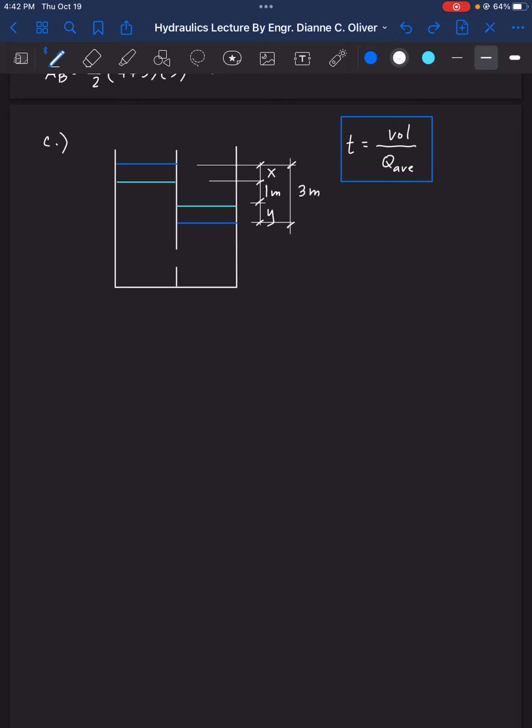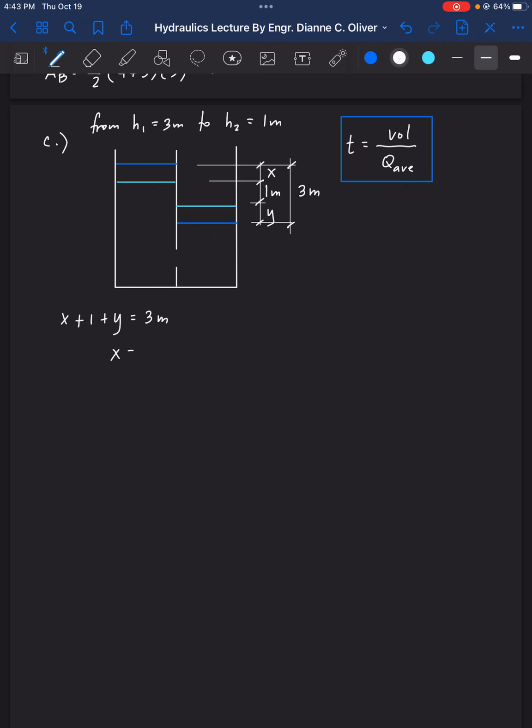So we know that this condition is from H1 of 3 meters to the condition H2, which is 1 meter. So how do we do that? X plus 1 plus Y is equal to 3 meters.